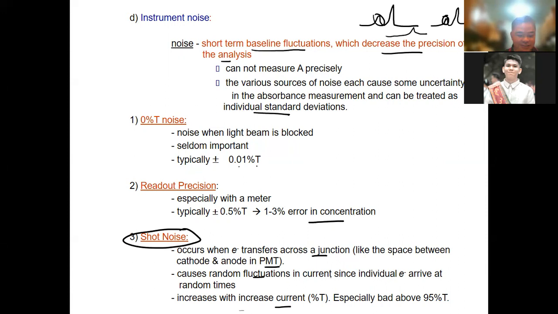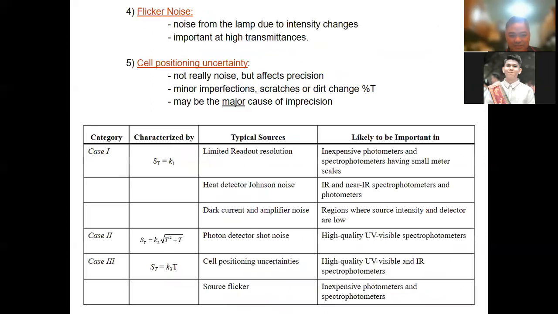Now, another noise that you have is the so-called flicker noise. So this is the noise coming from the lamp due to intensity change. Okay, and this is usually important at high transmittance. So, di ba, even in an ordinary light there, when you see sometimes the electricity fluctuates, you see the changes in the lamp.